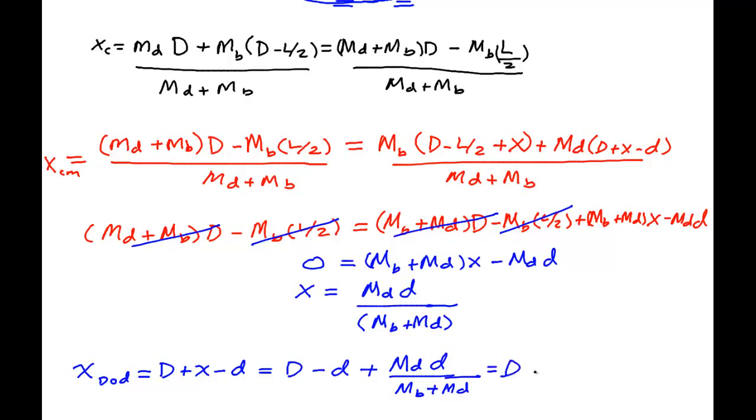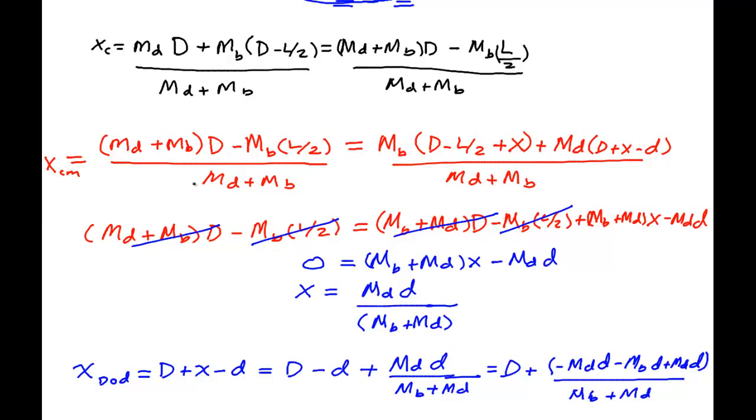That's d, and then I get plus, when you multiply mass of the boat times the mass of the dog times d, you get two terms. You get minus mdd, minus mass of boat times d plus mass of dog times d, all of this over mass of the boat plus mass of the dog.